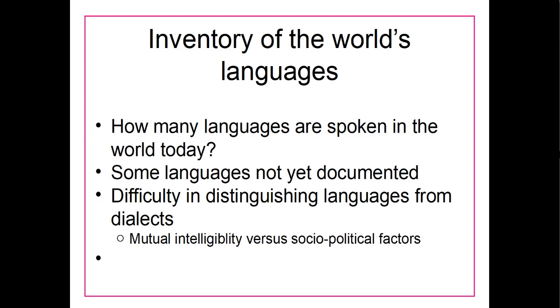So to start off, think a little bit about what we've talked about: that some languages are not yet documented and that we might have trouble distinguishing languages from dialects, as we saw with Mandarin and Cantonese and Serbian and Croatian. Trying to take some of that into account, think about how many languages might be spoken in the world today.